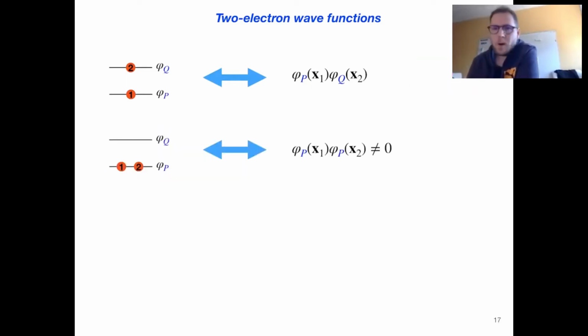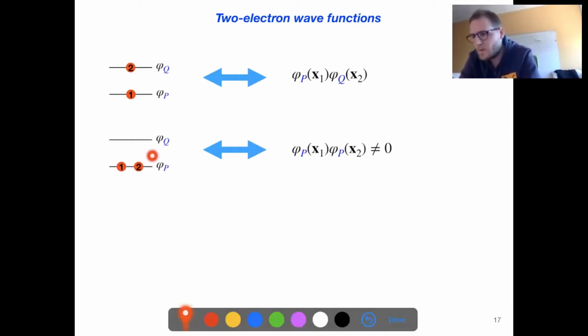What's the problem? The problem is that if you proceed that way, consider the scenario where electron 1 and electron 2 occupy exactly the same spin orbital, okay? So you would take this formula and replace p by q. You get this product and it's not 0. So you get a non-zero result. So you have a wave function that seems to exist, okay?